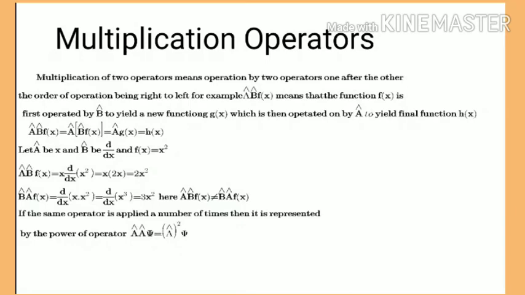Another example, if the order of operators is changed, B cap A cap f(x), where f(x) is x square, A cap is x, and B cap is d/dx. So in this case the x operator is applied first, so when the x operator is applied on x square, we get the result x cube, and after that we differentiate x cube and we get the result 3x square.